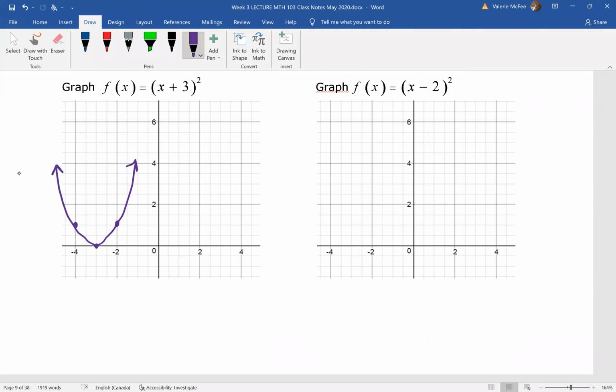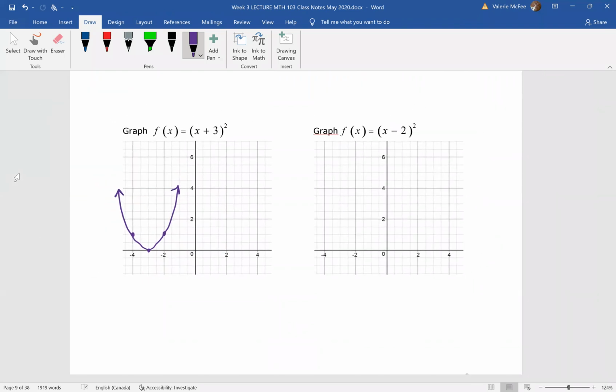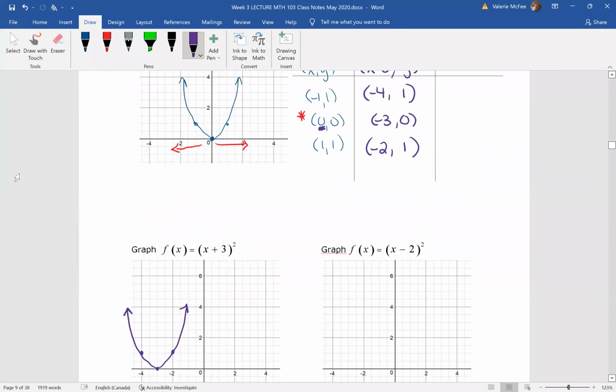Notice that it's the same parabola that we had, but now it's been shifted to the left. Even though this is a +3, this is a graph that shifted 3 units left. It's a horizontal shift.